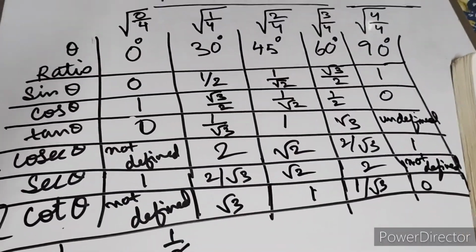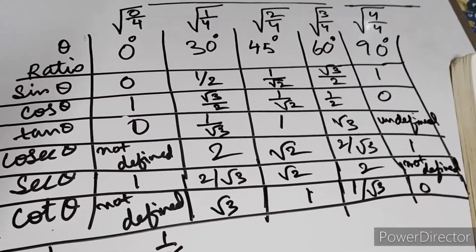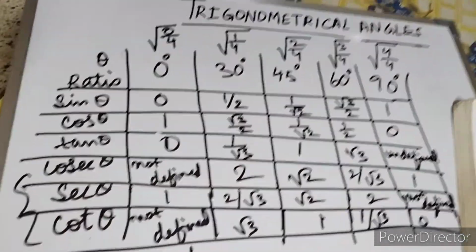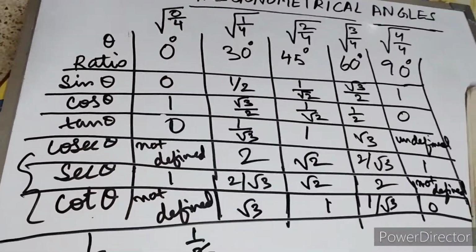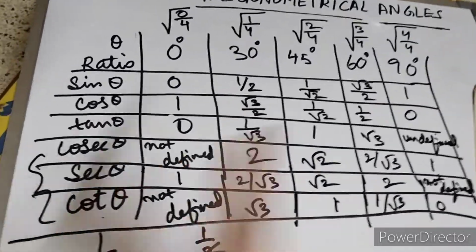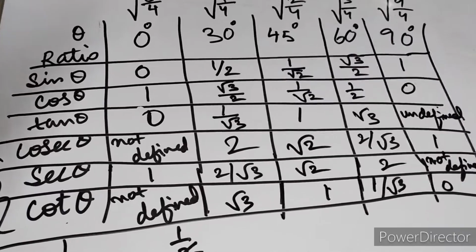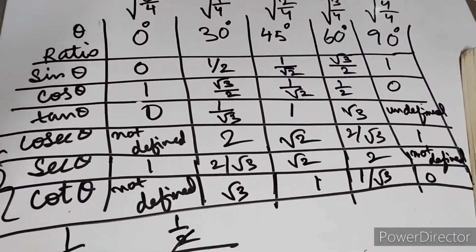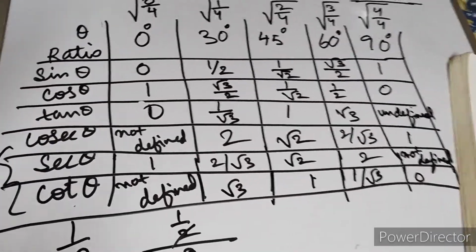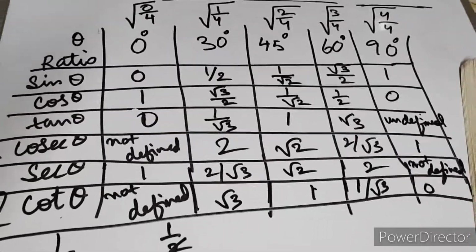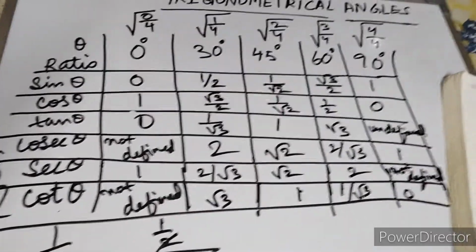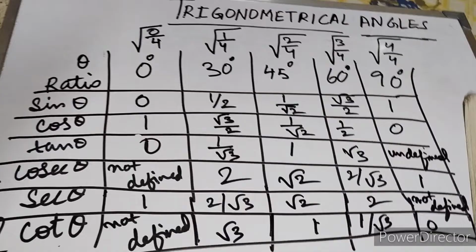But generally students get confused for sine 30 and cos 30, or sine 60 and cos 60, whether it's 1 by 2 or root 3 by 2. So for that confusion, you can always make the table. For that reason only, I made it easier for you people. I hope it is clear.